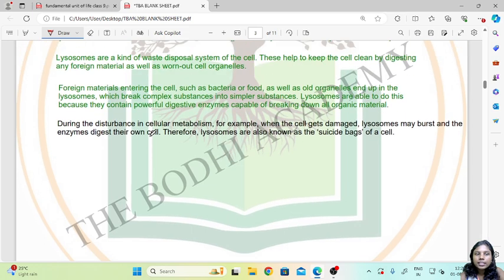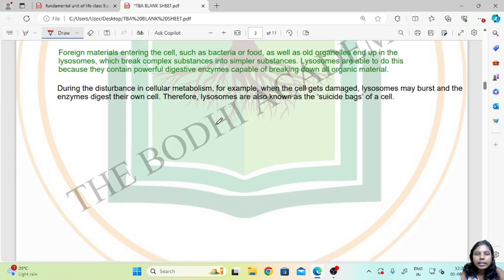Whenever they see a foreign material entering, say a bacteria or food, the lysosomes break these complex substances into simpler substances, and they do so because they have powerful digestive enzymes that are capable of breaking down all organic material.